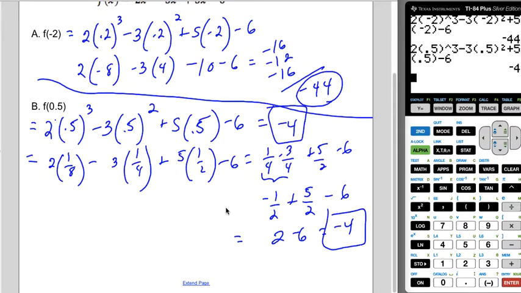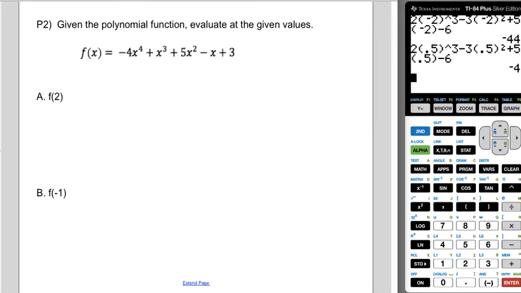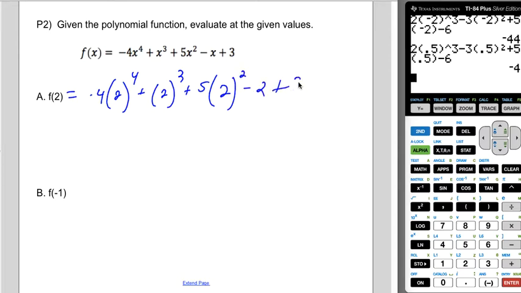All right, let's go ahead and try P1. You can certainly pause me if you want to. All right, so when I go ahead and plug in 2 here, right, this is going to be negative 4 times a 2 to the 4th plus a 2 to the 3rd plus a 5 times a 2 squared minus a 2 plus a 3, right?